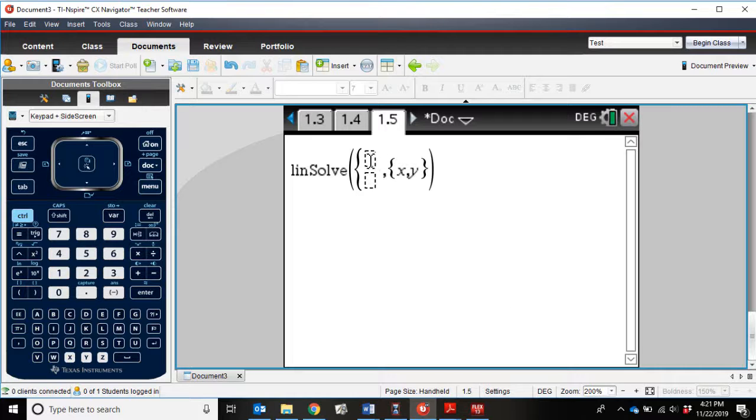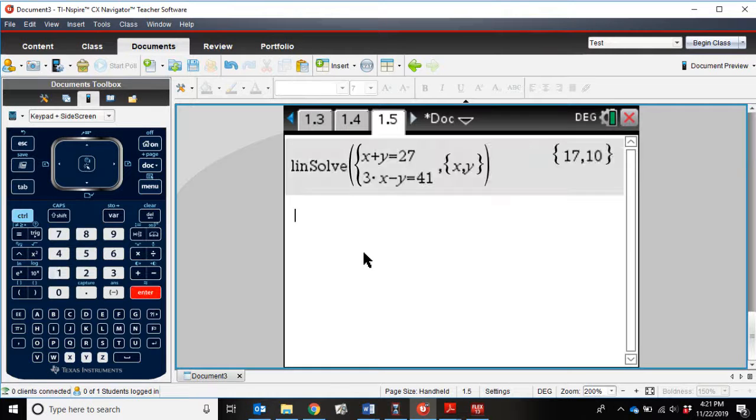And you get 2 boxes here. This first box is for your first equation, and the second box is for your second equation. You type it exactly the way you see it. So x plus y equals 27. Then you scroll down to your second box and you have 3x minus y equals 41. And then all you do is press enter.